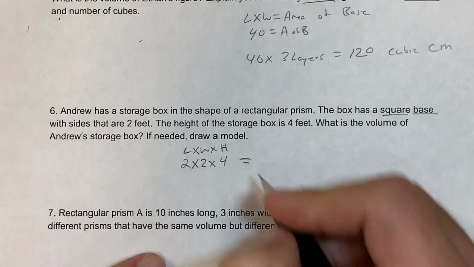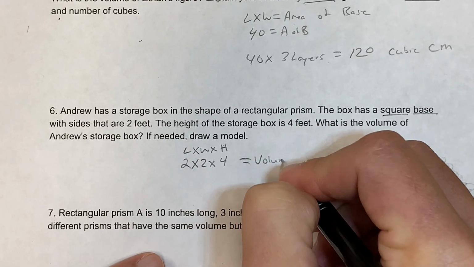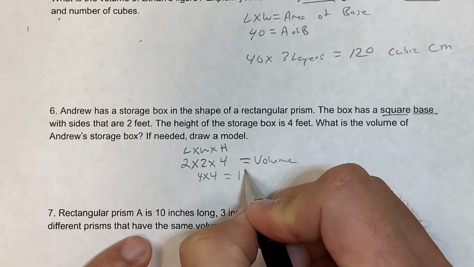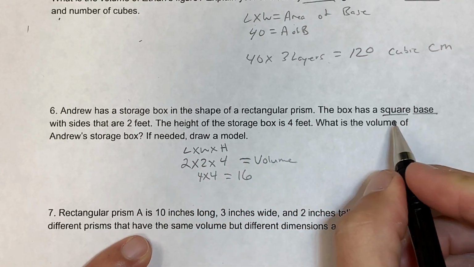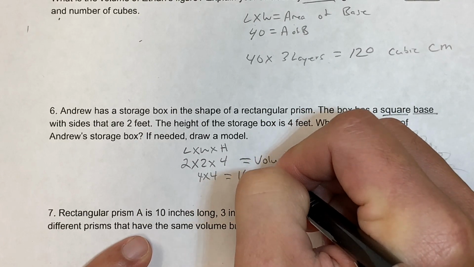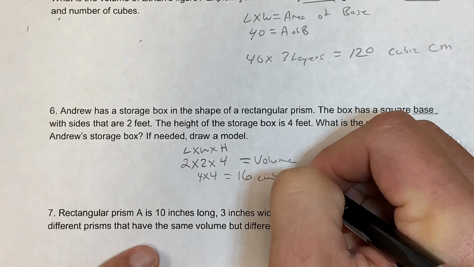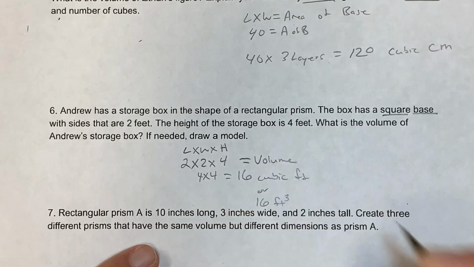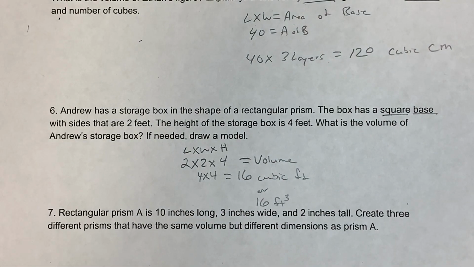It doesn't matter what we do. 2 times 2 is 4. 4 times 4 would be 16. And it says feet, so cubic feet. Or you could write 16 feet cubed. Either way. Okay.